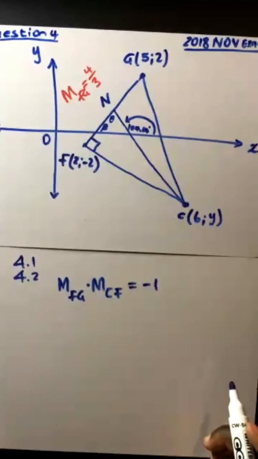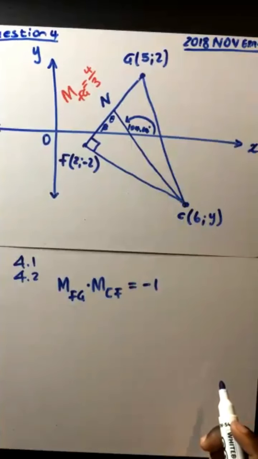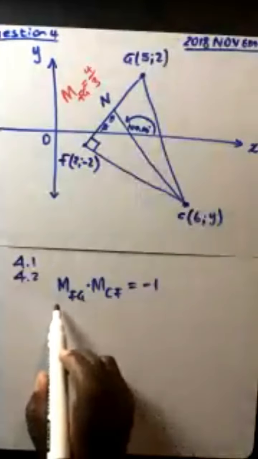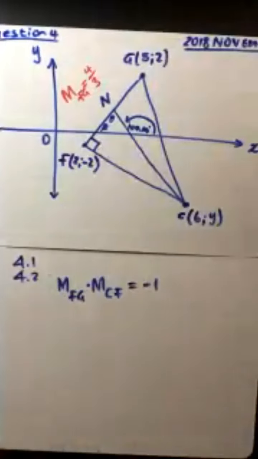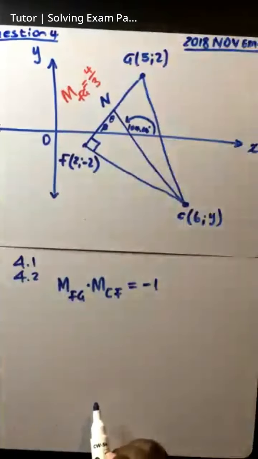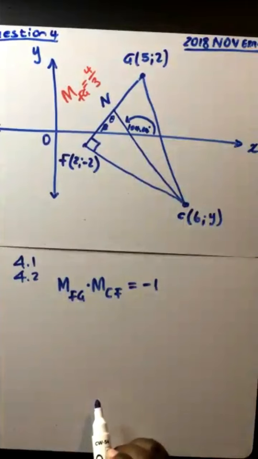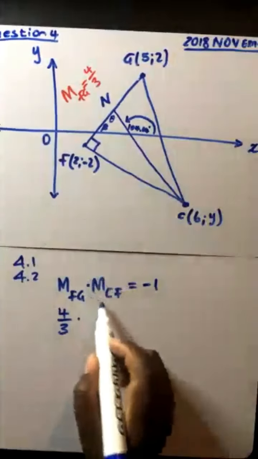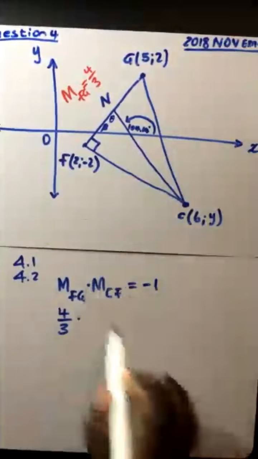So ladies and gentlemen, remember, we just calculated the gradient of FG. So guys, are we all on the same page with that information? Yes, sir. Okay, so we just calculated the gradient of FG, which is 4/3, multiplied by the gradient of CF.